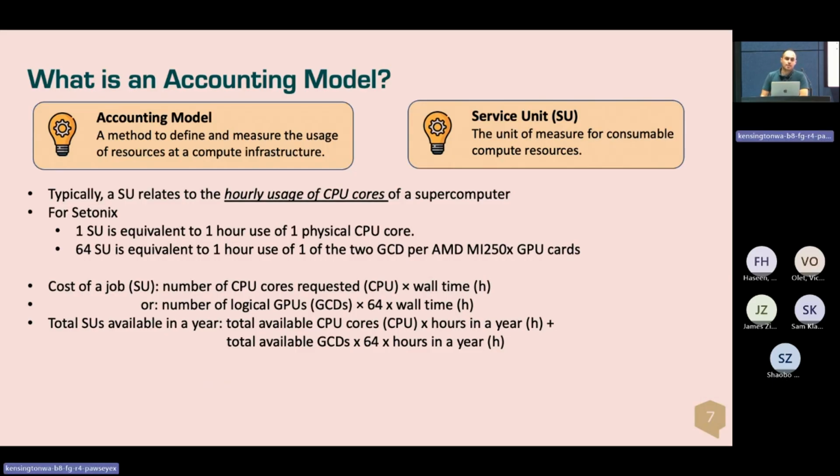Historically, a service unit was equal to 1 hour use of a CPU core on a supercomputer. CPUs are always there, but the CPU hour means that the time a CPU can be used every year is limited.